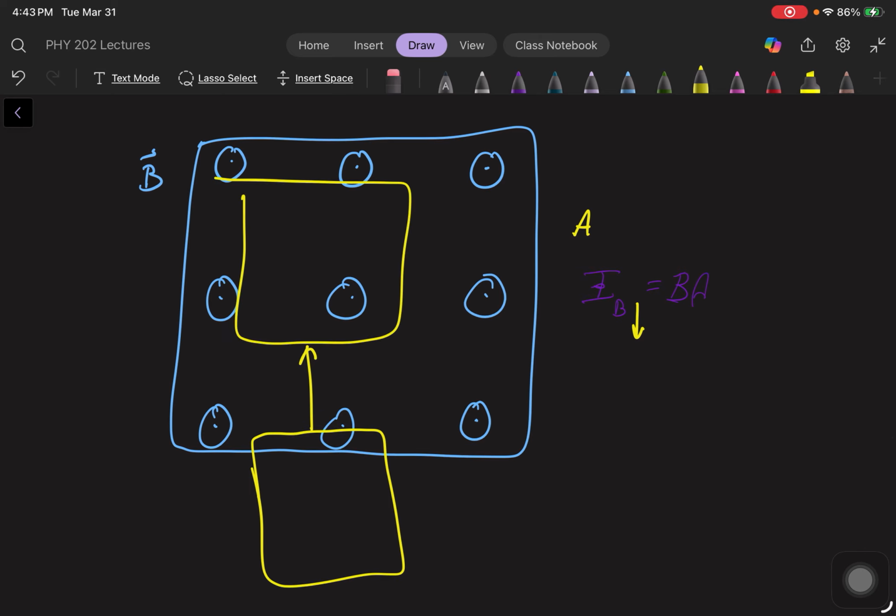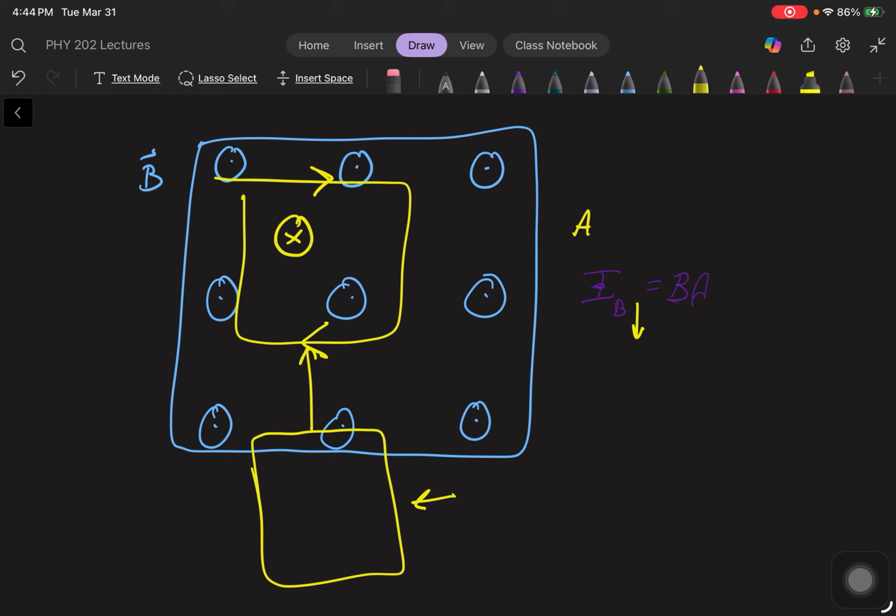Well, now we're getting an increasing flux coming out of the board, and so what we want to do is make a magnetic field to oppose that. And so we're going to try to create a magnetic field going into the board to try to maintain the flux we initially had, which was 0 or small or whatever. And so if we want to go into the board, the current's going to have to go clockwise, and we would get a clockwise current.